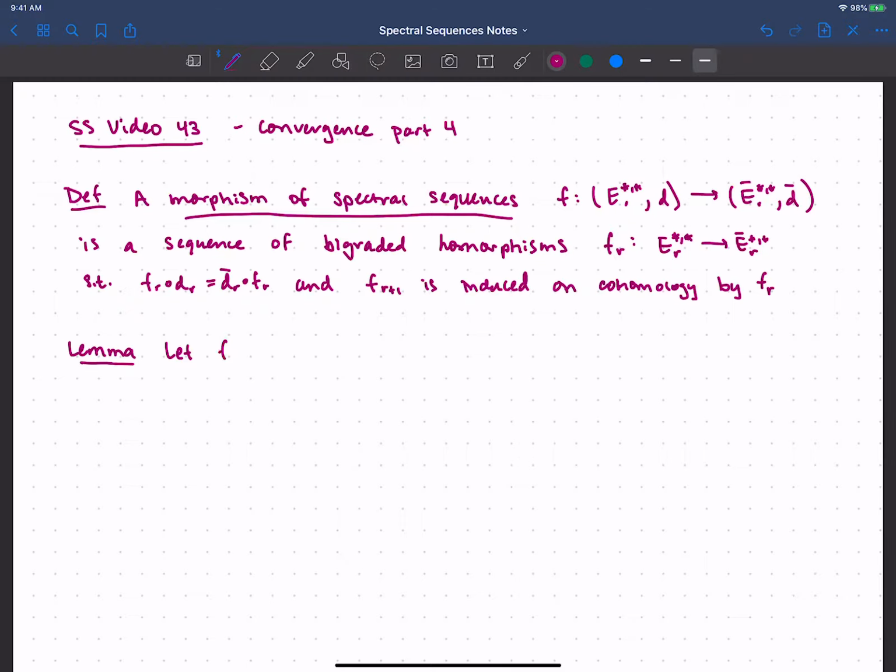Okay, so let's let f be a map of spectral sequences. Let me just abbreviate that as E to E bar. Okay, so of course that's like star star and with their respective differentials, blah, blah, blah. So this is going to be a morphism of spectral sequences.